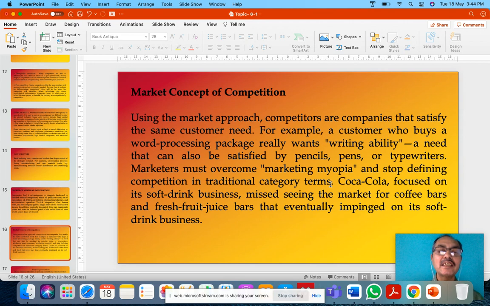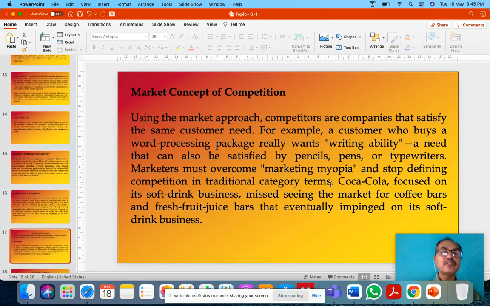Even Amitabh Bachchan and Salman Khan, you can see them on television, like Kaun Banega Crorepati with Amitabh Bachchan, and Salman Khan in Big Boss and all. There are so many entertainment programs they have entered in the television world. So that part we should understand, where you are going to compete.